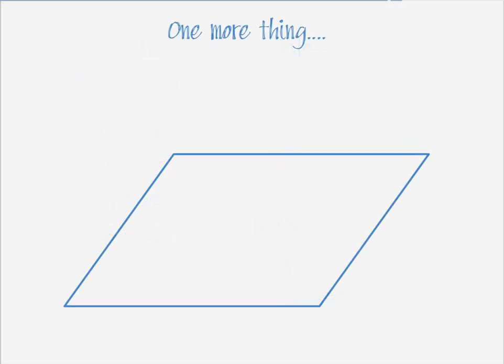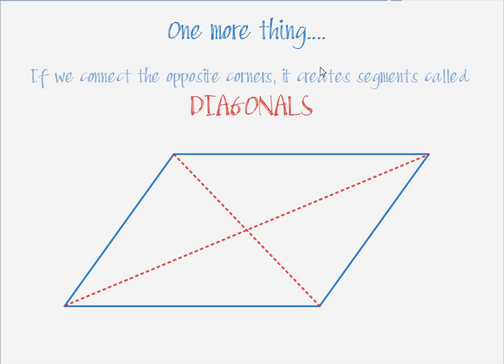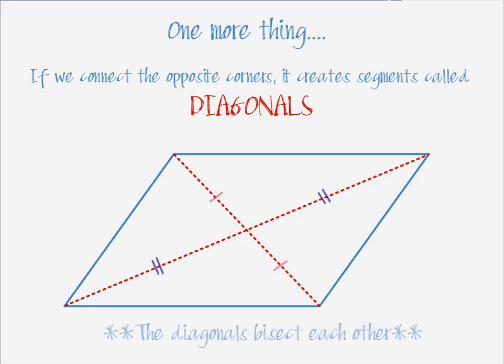And one last thing, if I draw a line segment from corner to its opposite corner, I create segments called diagonals. They're called diagonals, of course, because they go diagonally across my shape. Diagonals do something extremely significant when I have a parallelogram. They bisect each other.